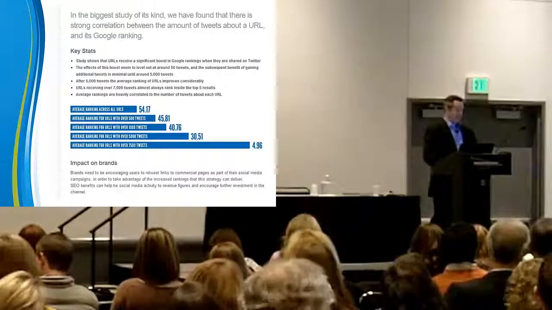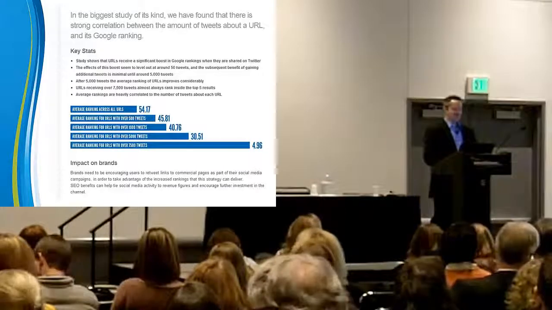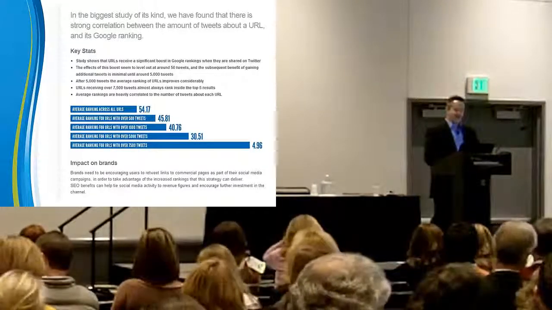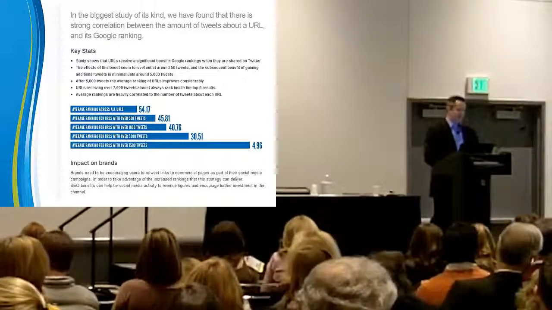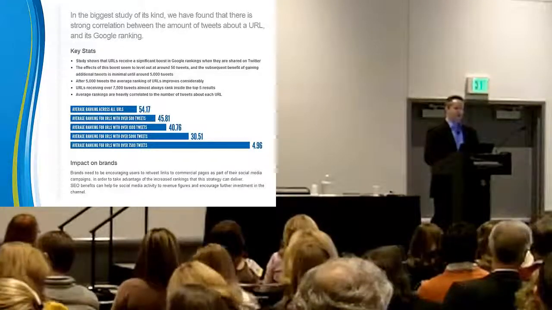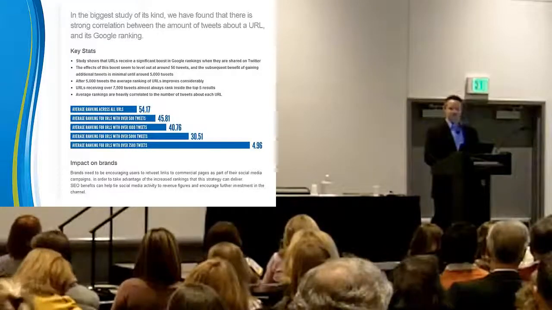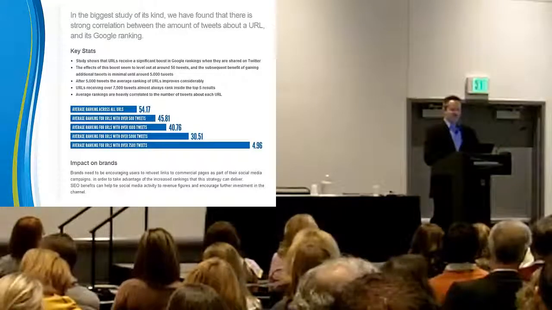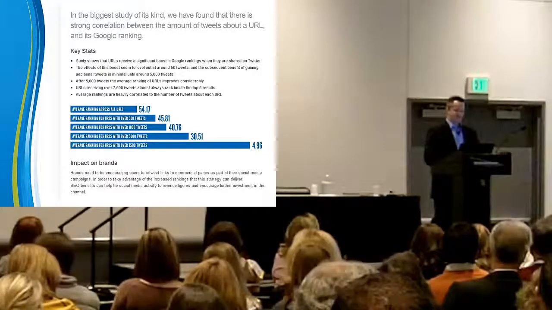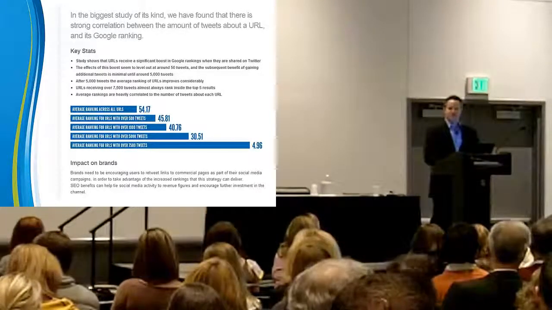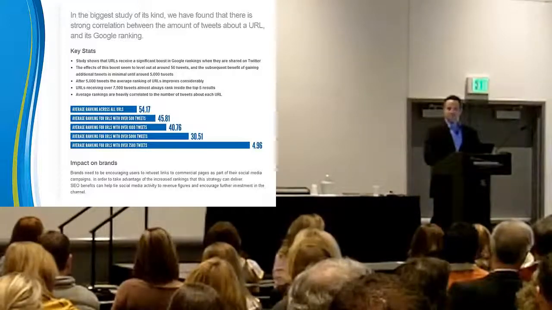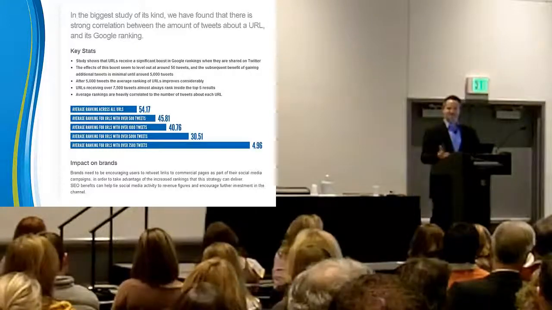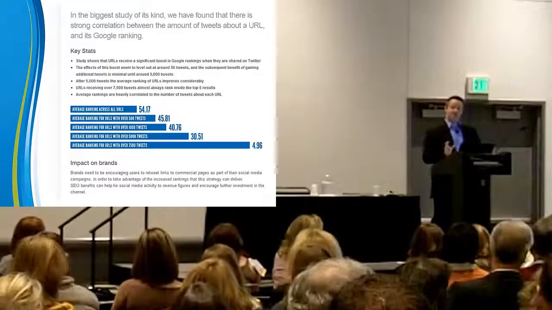I'm not going to read this whole thing to you. This was fascinating. This company is called Branded3. They did one of the bigger studies that we've seen on how social signals, specifically Twitter, affect search results. They tracked hundreds of URL domains to find out if the number of Twitter links to the URL, or tweets, had an impact on search results.